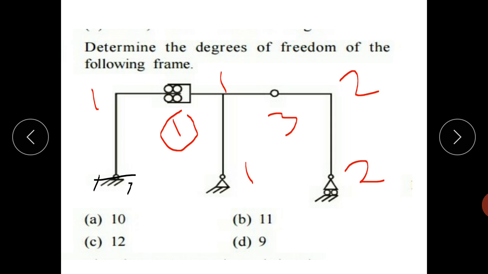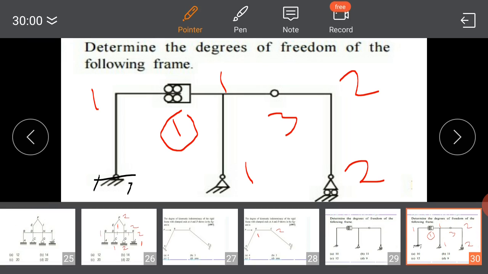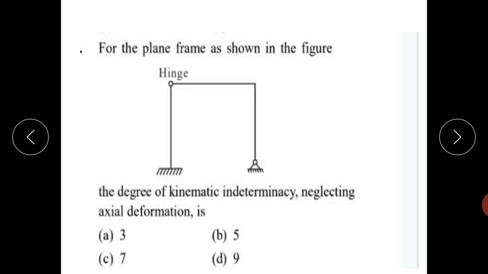The guided support has vertical displacement, but we are neglecting axial deformation in y direction, so we are not going to consider this. So one rotation, two rotations and one deflection, delta x and rotation, and one rotation. So 2, 2, 4, 7, 8, 9, 10. DKI will be 10.